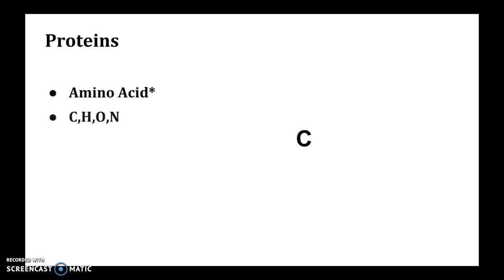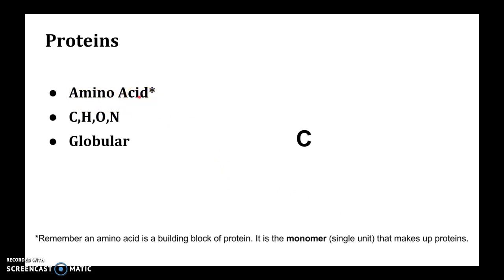The next one we're going to talk about is proteins. Now, proteins are made up of amino acids. An amino acid is a building block of protein. It's the monomer, or single unit, that makes up proteins.